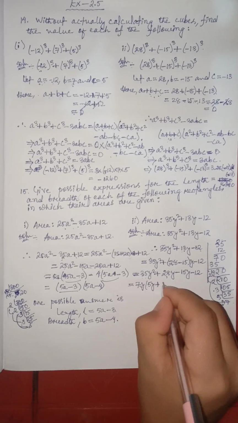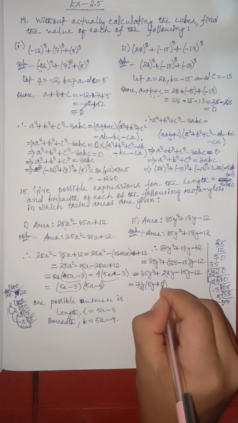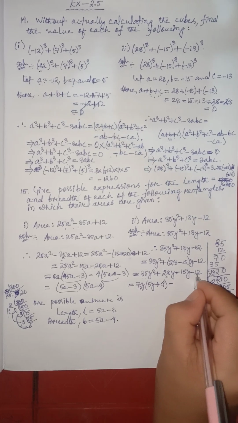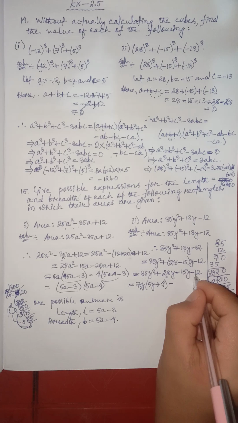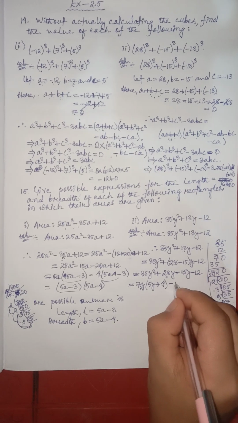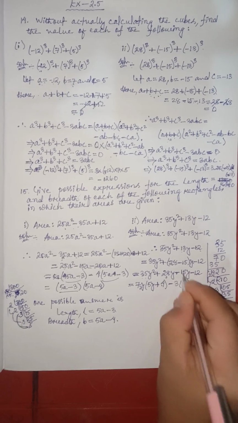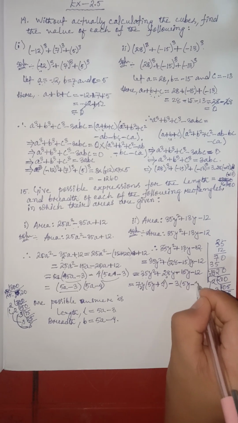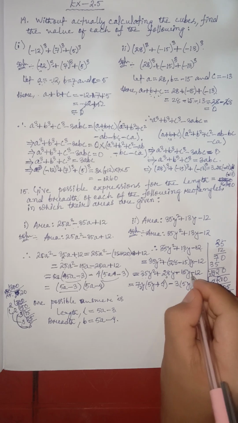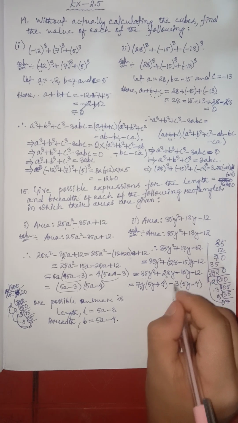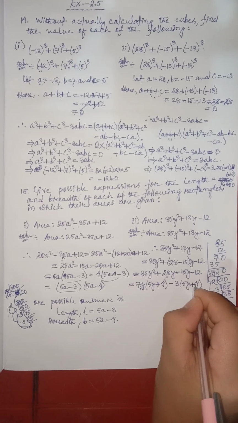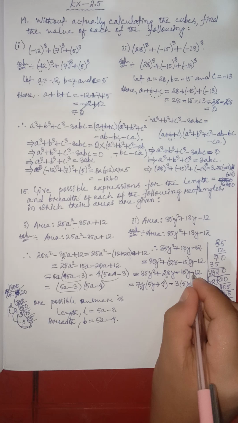And 7y into 4 will give you 28. And here we have minus. From these two, what number can we take common? It is 3. 3 times 5 will give you 15. Just add y, and then 3 times 4 is 12, right? And here we have minus. In order to get minus by using this, here it must be plus. Minus into plus will give you minus.